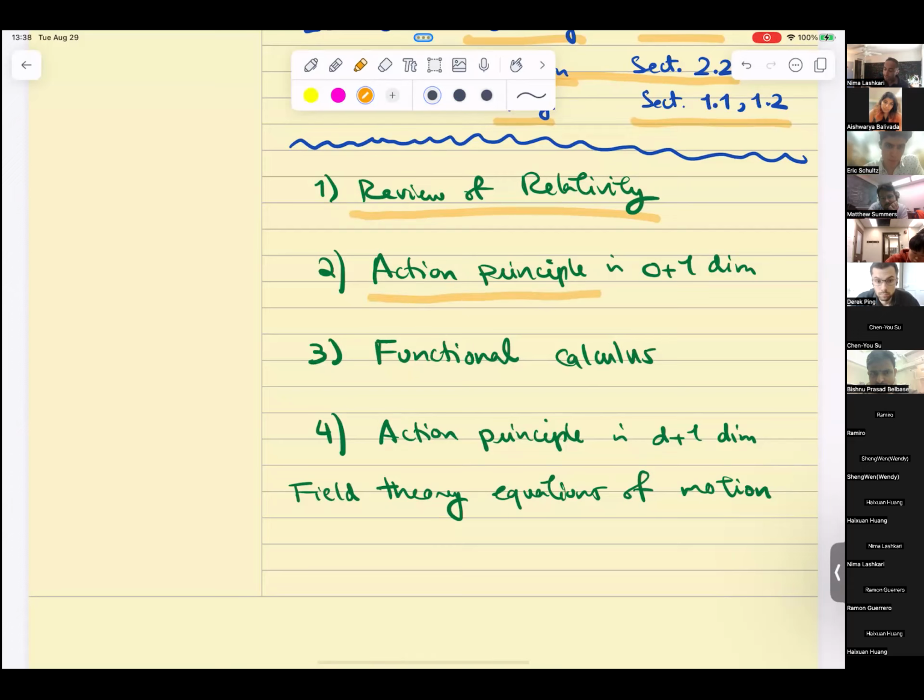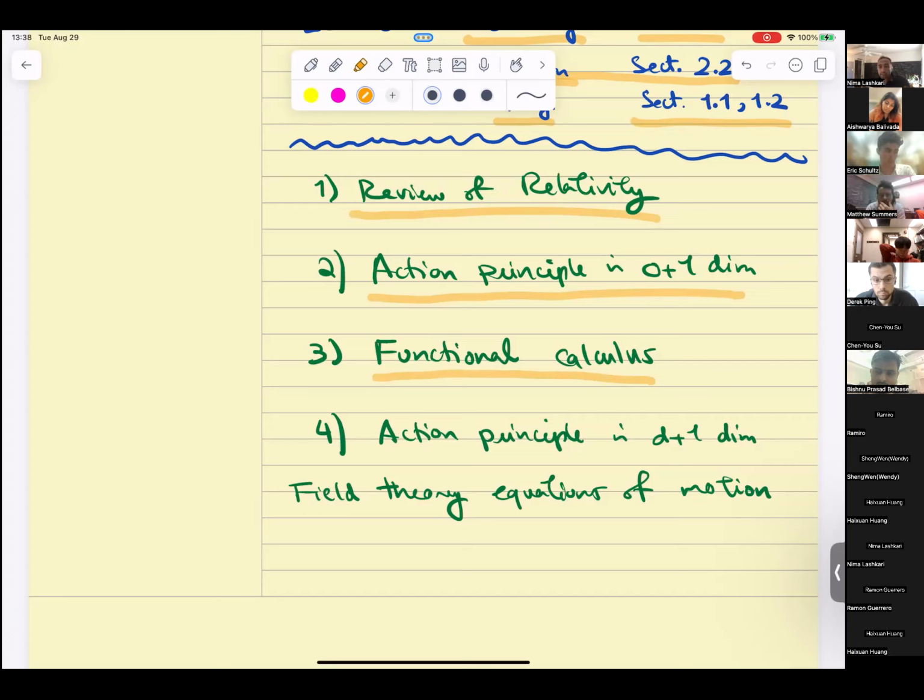We'll discuss the action principle in 0 plus 1 dimensions. So this is the motion of a classical particle in space-time, a single relativistic particle moving along in space-time. Then I'll discuss functional calculus, because the same way that you could do standard calculus for functions and define derivatives and integrals, you can do that with functionals.